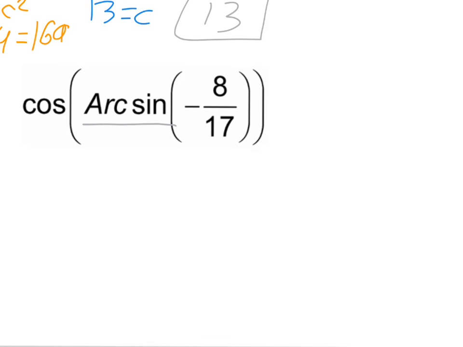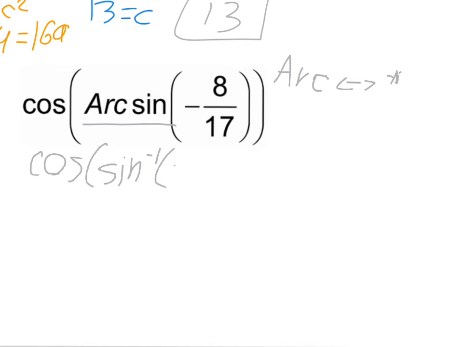Depending on the country you're in, or the country that your textbook was published in, or how old your textbook might be, or problem set might be, arc might be used in place of inverse. So we could rewrite this essentially as to find the cosine of the sine inverse of negative 8 over 17.